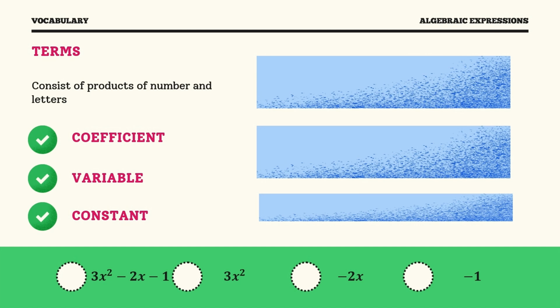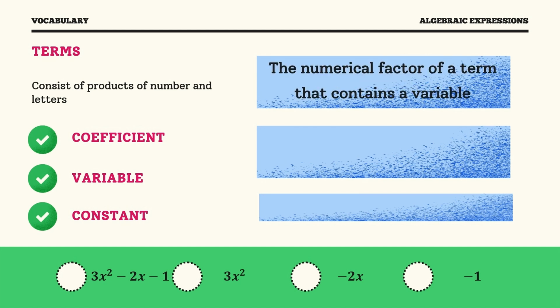Next is coefficient. What is a coefficient? A coefficient is the numerical factor of a term that contains a variable. So we can see from the example before, there are two terms that contain a variable. First is 3x squared and second is minus 2x.